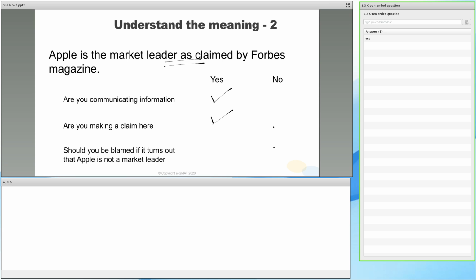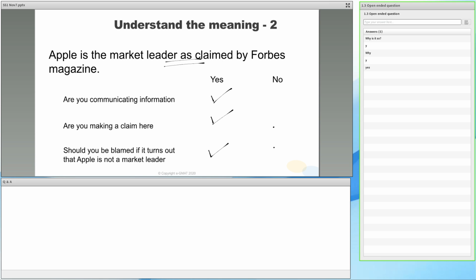Should you be blamed if it turns out that Apple is not the market leader? Yes, you will be. Because you're saying Apple is the market leader as claimed by Forbes magazine. What you're really saying is, Apple is the market leader according to me. And by the way, Forbes magazine also claims that.